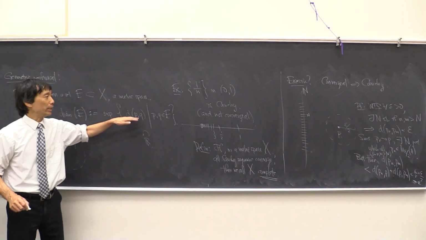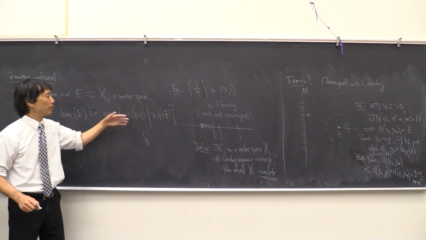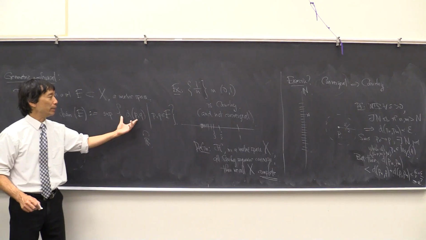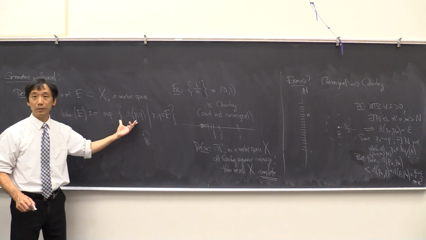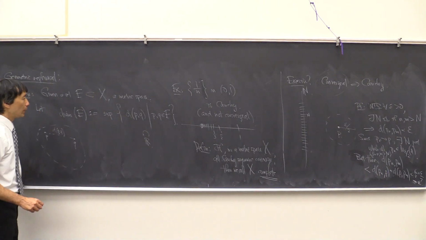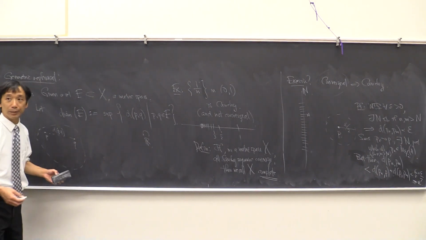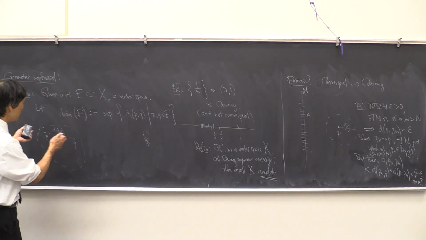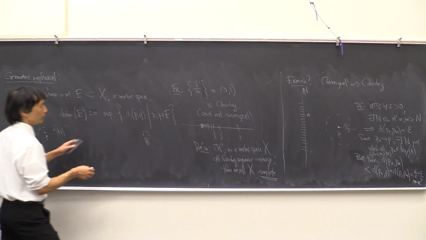So either it's bounded or it's unbounded. If it's unbounded, then this is infinite. If it's bounded, then there's some supremum for it, and that thing is called the diameter. So it's just the greatest distance between pairs of points, roughly speaking.